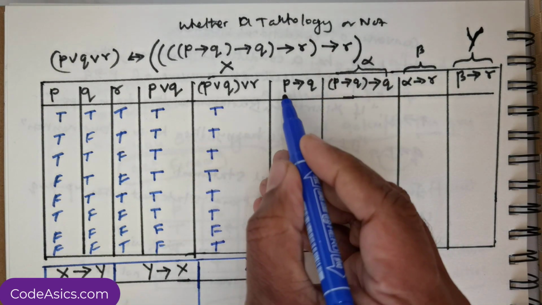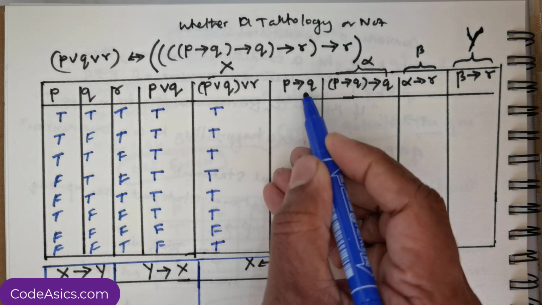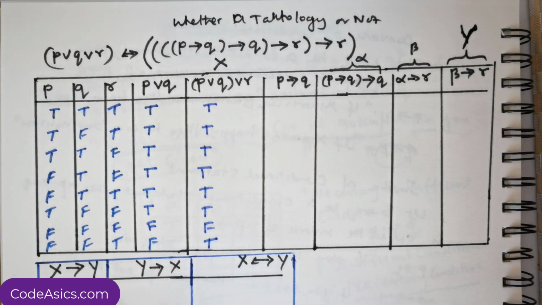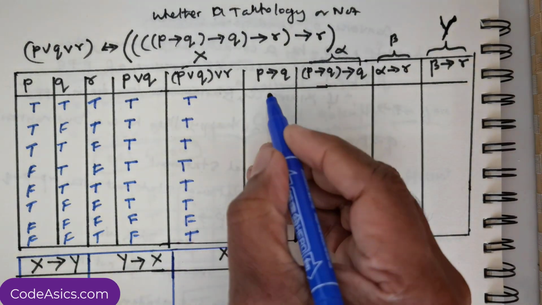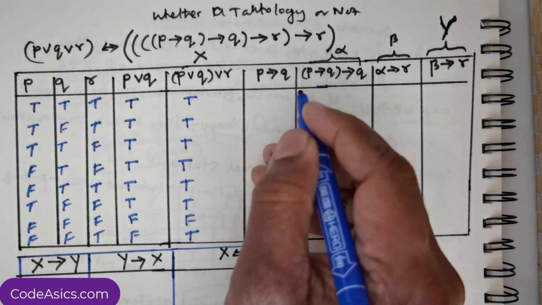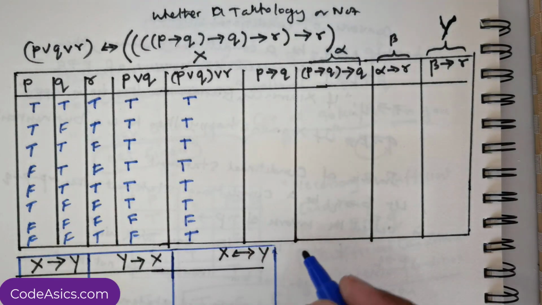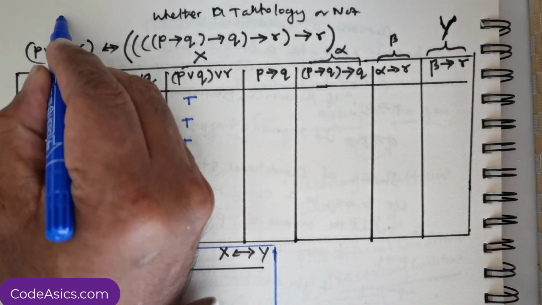Now there is a conditional statement we need to perform. So if P then Q. As I mentioned to you, we are looking for the tip.